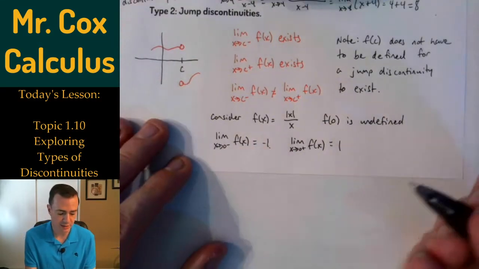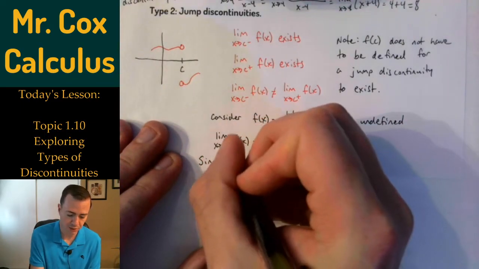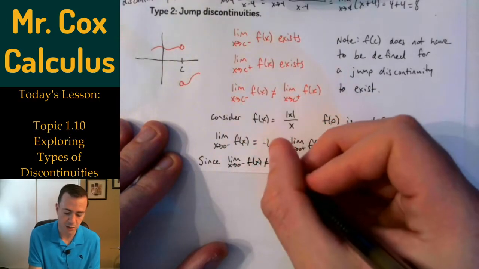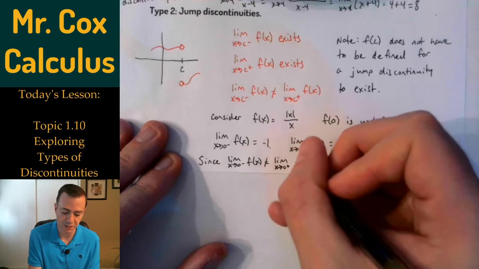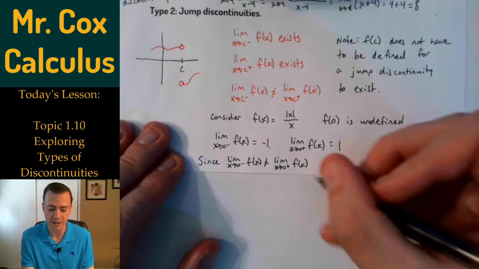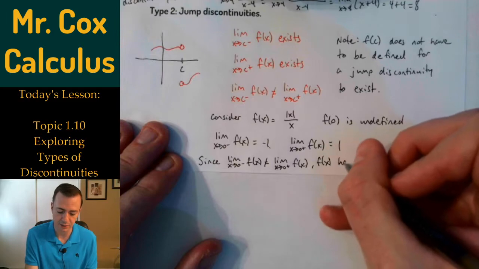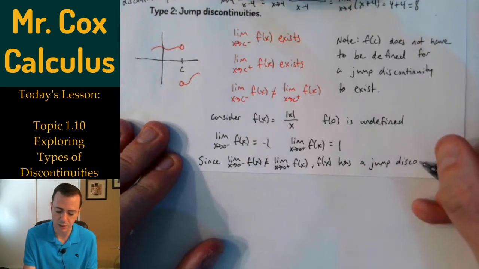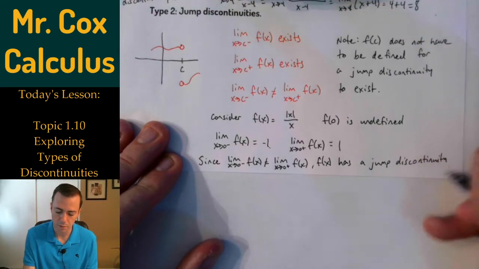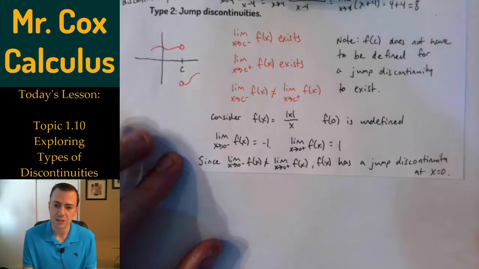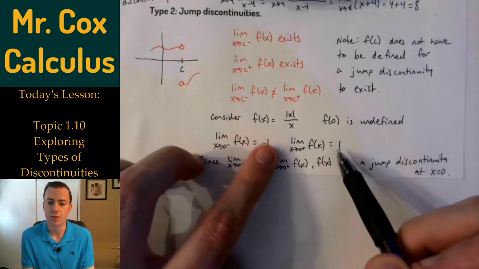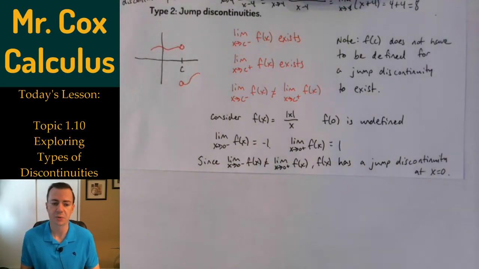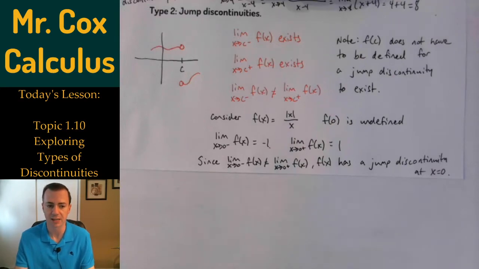So my one-sided limits don't match, and so since the limit as x approaches 0 from below of f of x does not equal the limit as x approaches 0 from above of my function f of x, then we can say f of x has a jump discontinuity at x equals 0. So very important for a jump discontinuity, the one-sided limits did have to exist, but they weren't equal to each other, and that's what gave us that jump in our graph, and that's our second type of discontinuity.